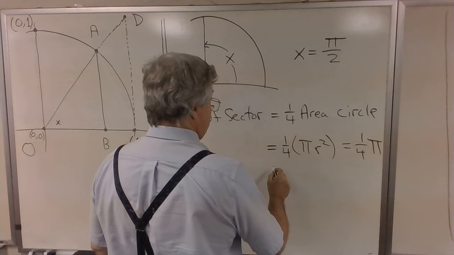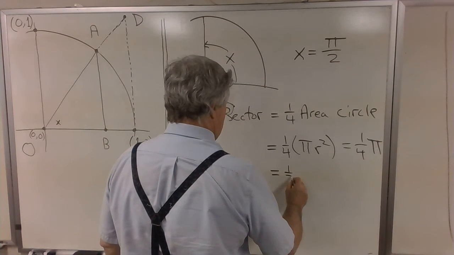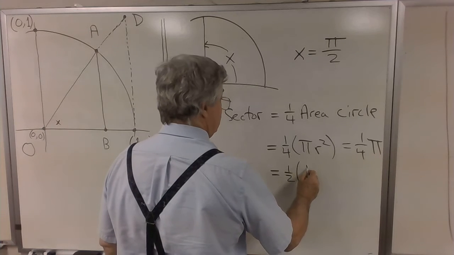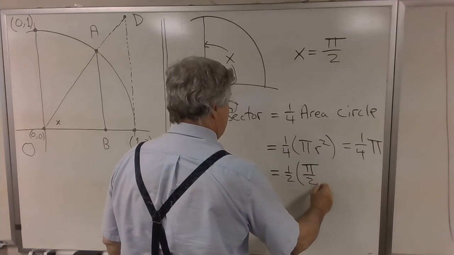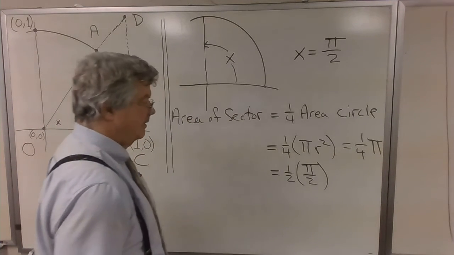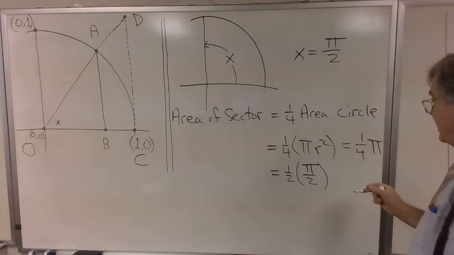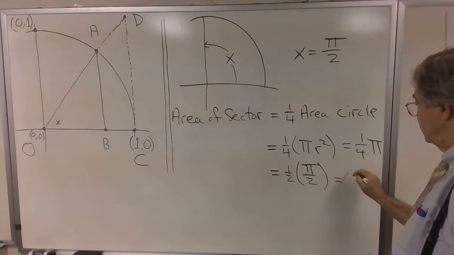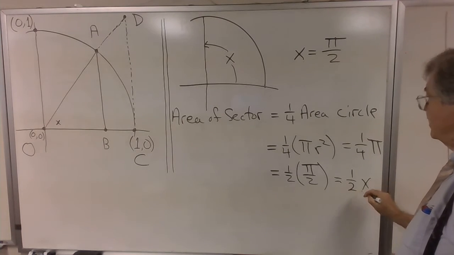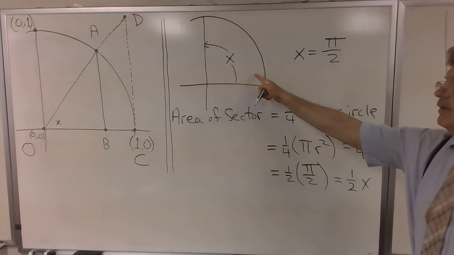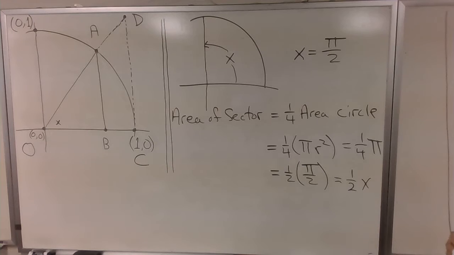And that is equal to 1/2 times pi over 2. But pi over 2, that's x. So again, the area of the sector is 1/2 x, where x is the angle corresponding to the sector.